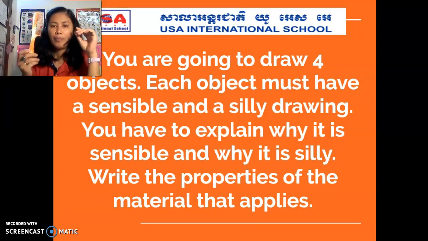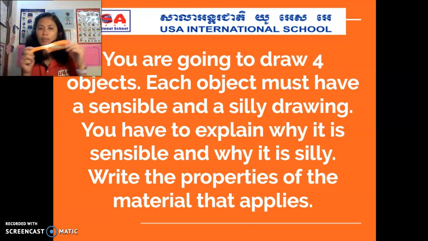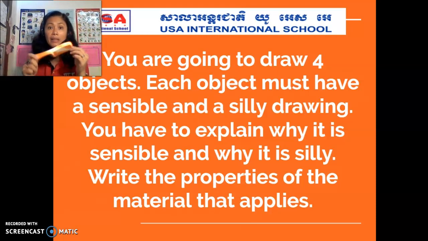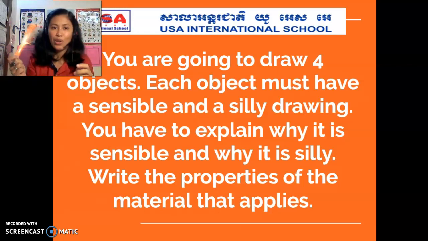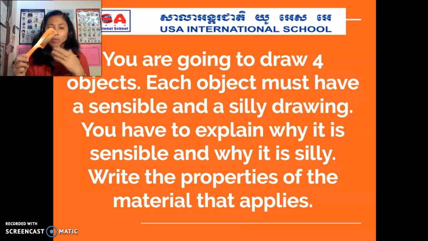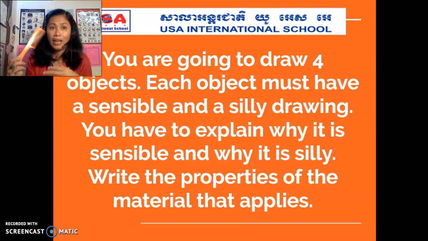Because plastic is light, it is durable, it is waterproof. What are other properties of plastic? So you're going to write that, and that's how you explain it. Okay, you explain it by writing its properties.